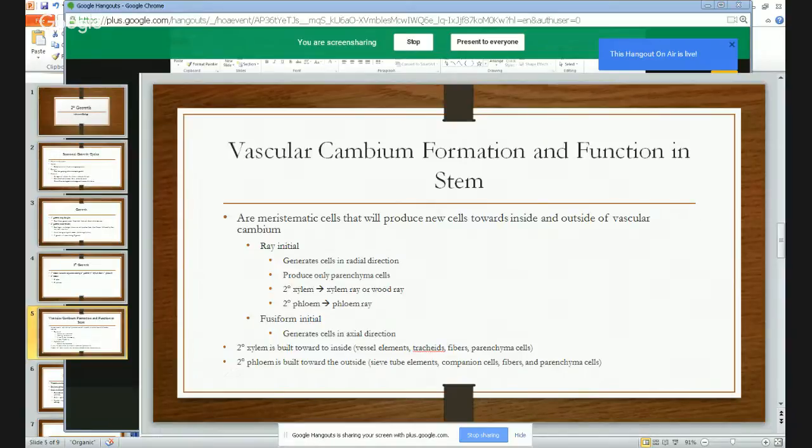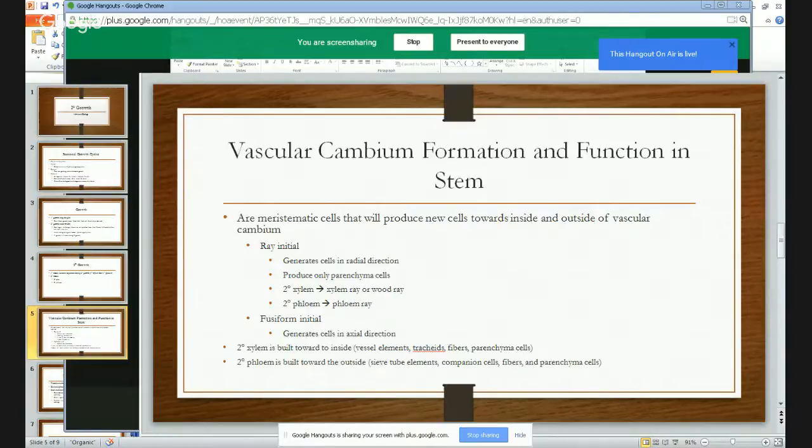So if you were to take some of these particular cells, these ray initial cells, if you were going to slice them in a cross section or a transverse view, they're going to look circular, because these are going to be your longer elements, like your... hold on.